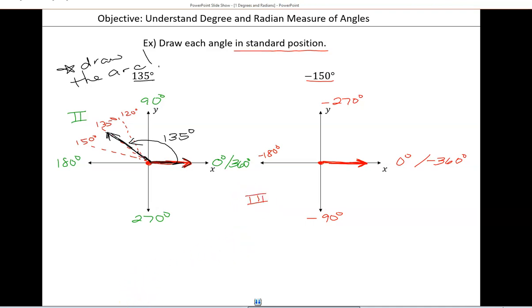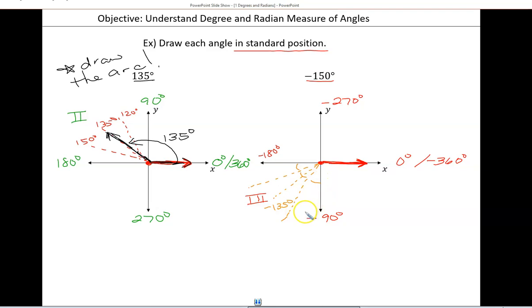So just like I divided the quadrant, I'm going to do the same thing. So what I know is that splitting it in half, that's another 45 degrees. So that would be a negative 135. Splitting it into thirds, which would be right about there and right about there, so that my 3 pieces are here, here, and here.